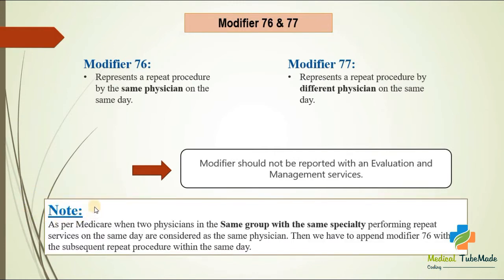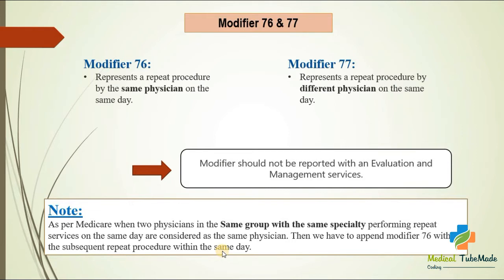Here is a very important note: as per Medicare, when two physicians in the same group with the same specialty perform a repeat service on the same day, they are considered the same physician, so we have to append modifier 76 to the subsequent repeat procedure within the same day.